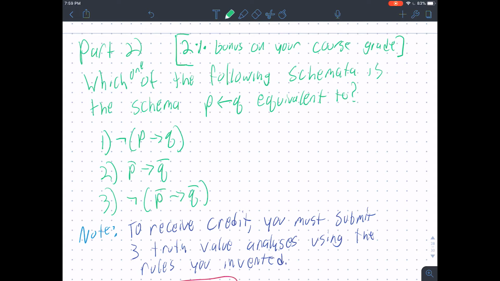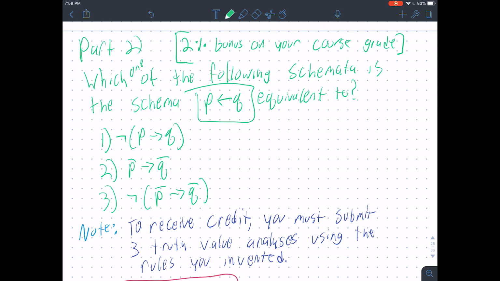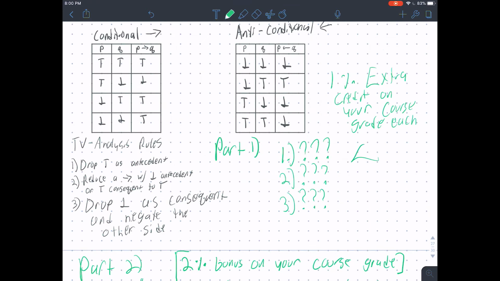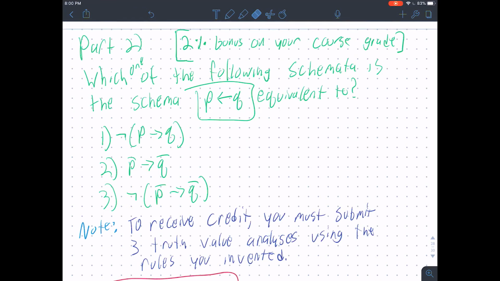And so what you have to do to get these bonus points is you need to give me 3 different truth value analyses where you use the rules that you made up here to test for equivalence. And if you do everything right here, I'll give you 2% extra credit on your final grade for the class.